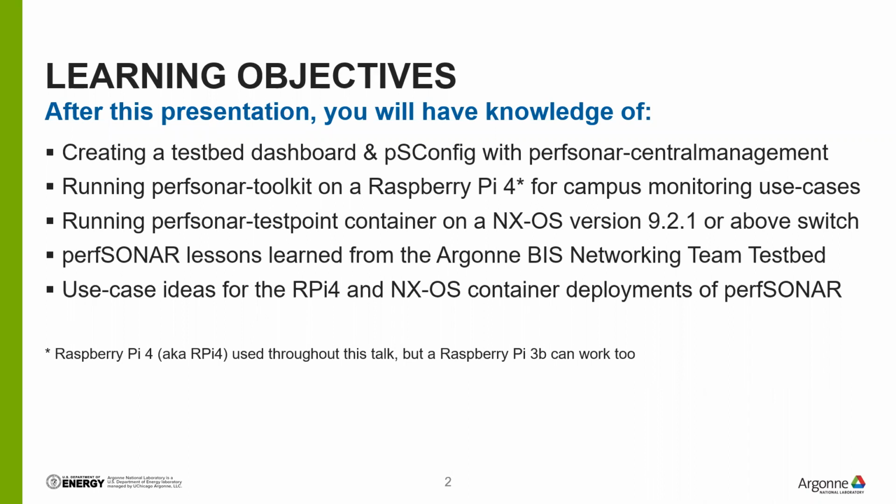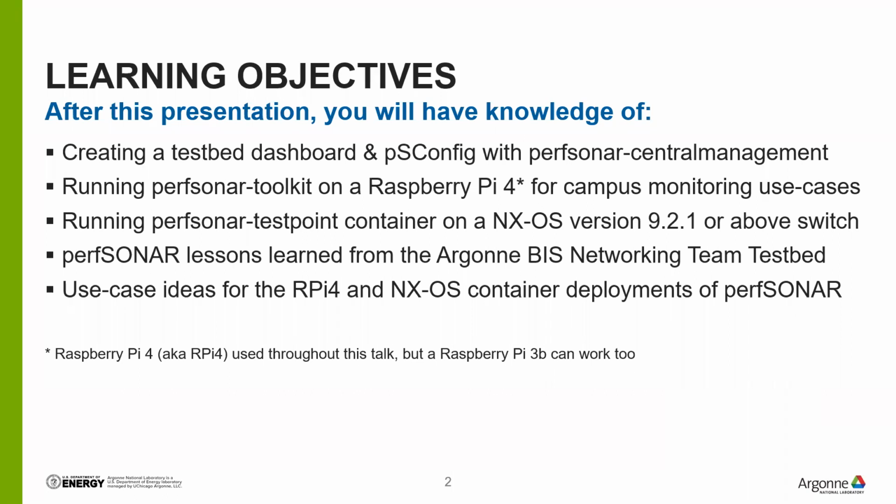Next, we'll talk about running perfsonar-toolkit, and that's actually not a typo. It is perfsonar-toolkit, not perfsonar-testpoint, on a Raspberry Pi 4. It can be done for campus monitoring use cases. Again, just because you can run perfsonar-toolkit on a Raspberry Pi 4 doesn't mean you should. You'll probably be better off with perfsonar-testpoint instead of toolkit. I'll talk quite a bit about that later on.